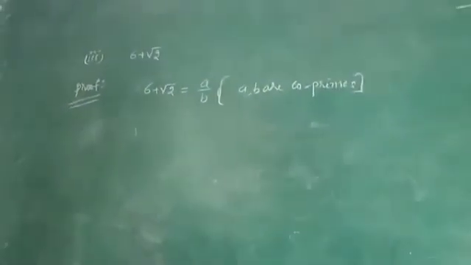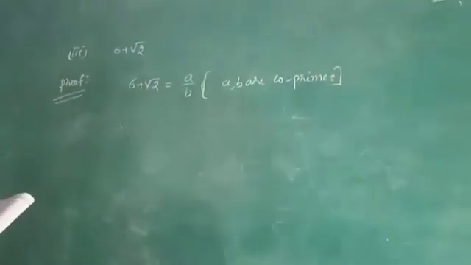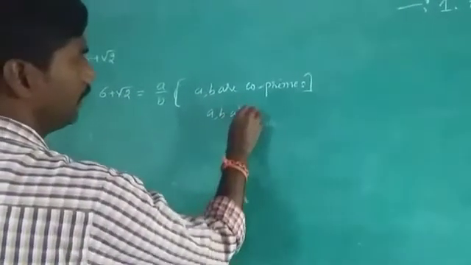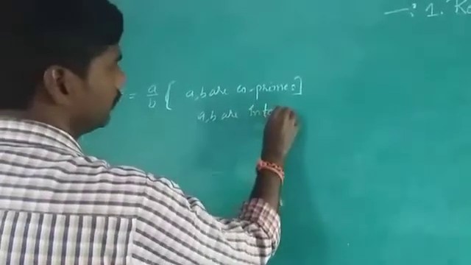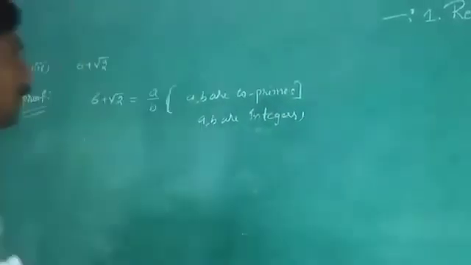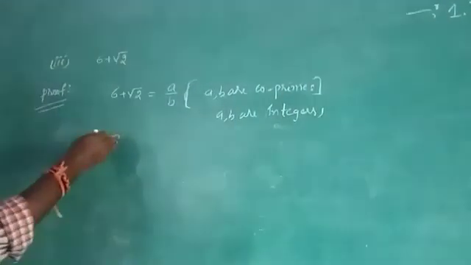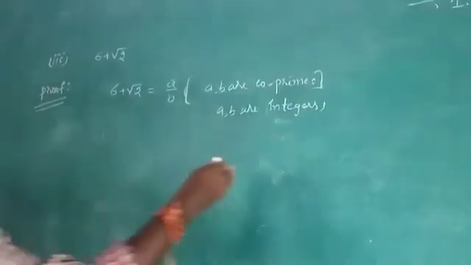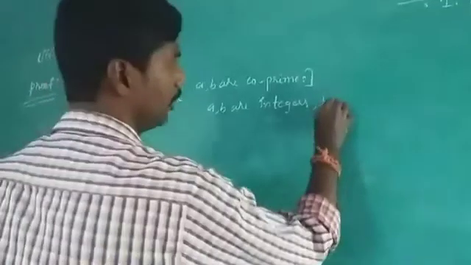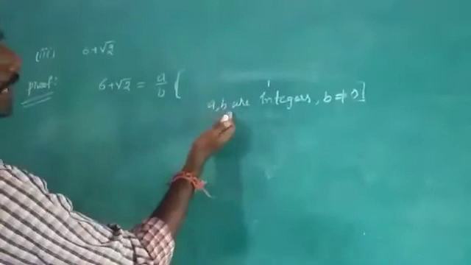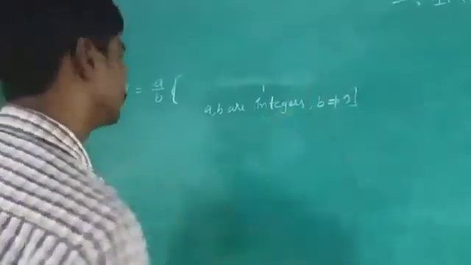So we said clearly a, b are co-primes, otherwise a, b are integers. It should be integers. Then here we need to write b is not equal to 0. I told you that b is not equal to 0. See here, a, b are integers, b not equal to 0.